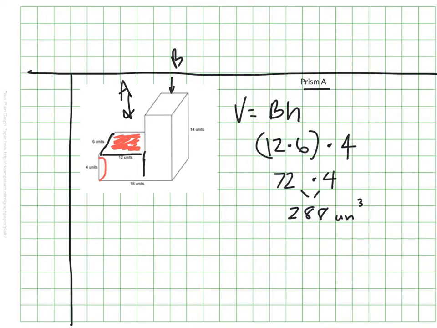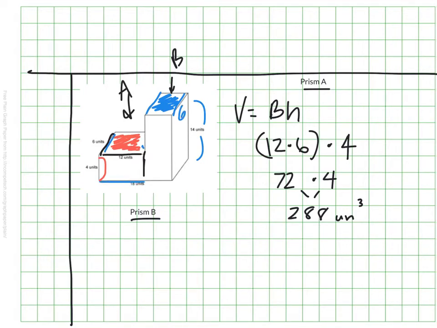But I'm not done, right? That was just prism A. Which means I can now turn my attention to prism B. And once again, I'm looking for that total surface base that I can use to then multiply by my height. And I need to see what values I have here. So I know that this goes back the same as this, which is the same as what would be here and here. So this is 6 on this side.